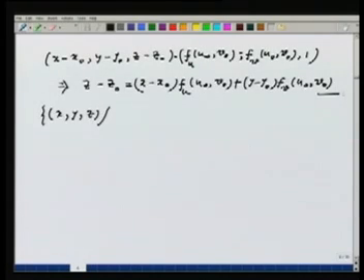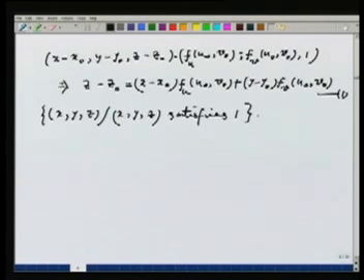If I call this equation 1, then all those x, y, z satisfying 1 form the equation of the tangent plane of the surface at the point x naught, y naught, z naught. Now let us look at another example.